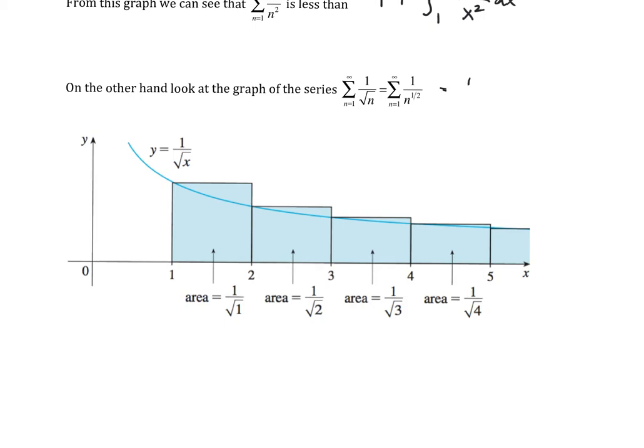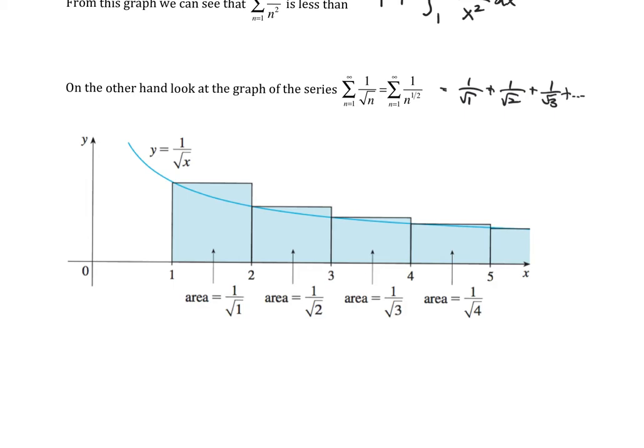This would be 1 over the square root of 1 plus 1 over the square root of 2 plus 1 over the square root of 3, and it just keeps going on. And what you can see by looking at the graph below is that each of these terms corresponds to a different blue rectangle in this graph. And what do you notice that's interesting about this particular graph?